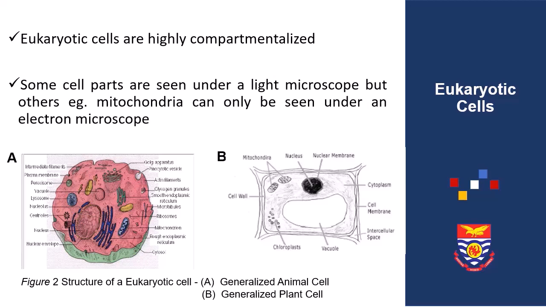The plant cell has a cell wall, and it also has the nucleus, the mitochondria, and the chloroplast. One key difference is that the animal cell does not have a cell wall, but the plant cell does. The animal cells also lack chloroplast, whereas the plant cell has chloroplast, which helps it to manufacture its own food.